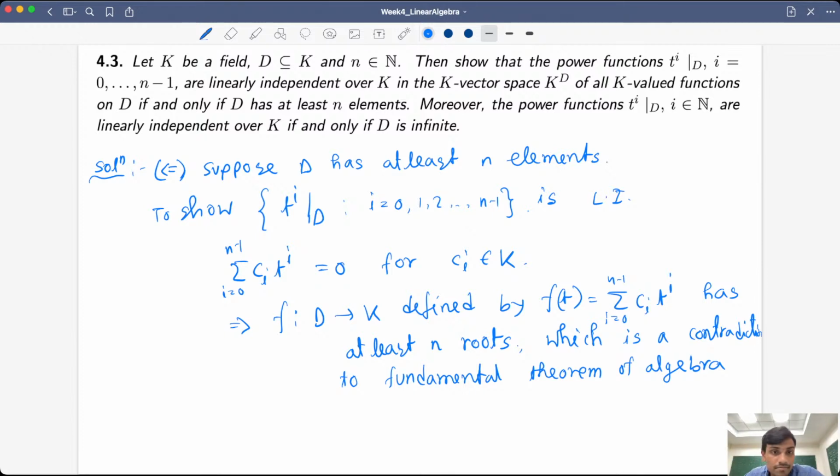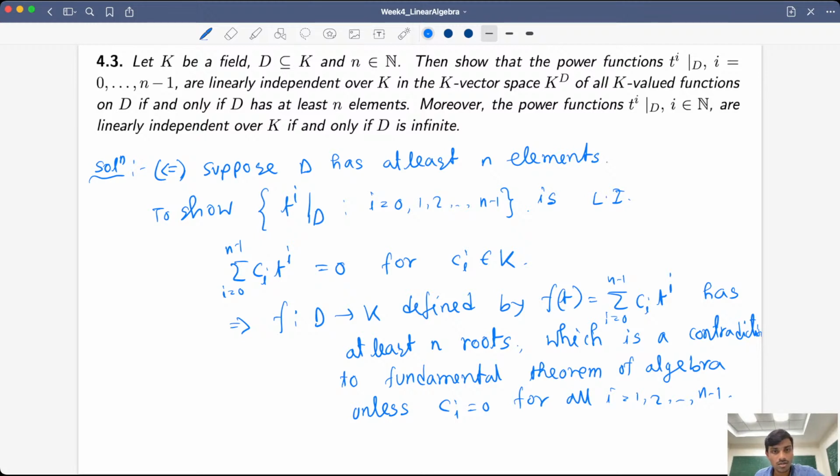Unless all c_i equal to 0, or I should write, unless c_i equal to 0 for all i equal to 1 up to n minus 1.